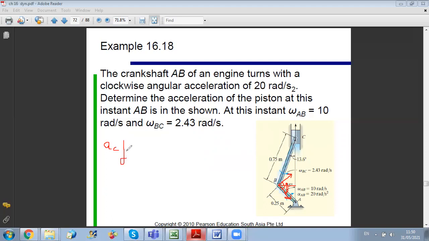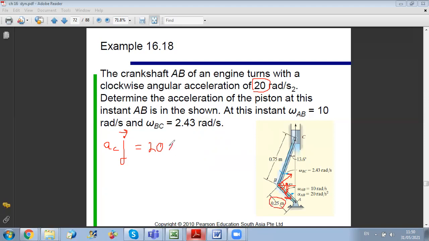Therefore we can write now that AC J is equal to, for AB, first the tangential component, okay, is, as we said, alpha. The magnitude of it is alpha AB, which is 20, times the radius, which is AB here, equals to 0.25.